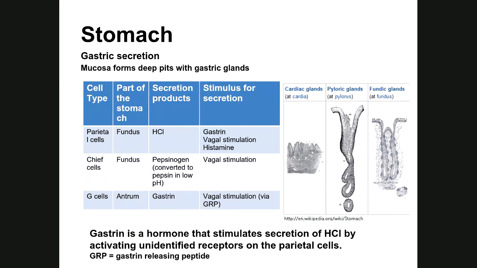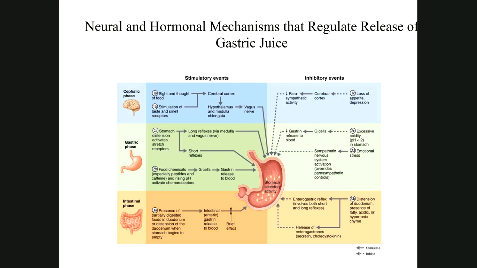So let's look at the regulation of the gastric secretion. We have three important phases. Let me make it bigger. We have the cephalic phase. The cephalic phase is triggered by the smell, the taste, even when you see food or when you think about food.